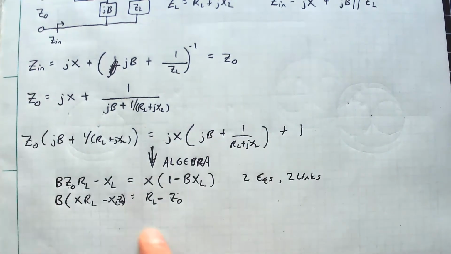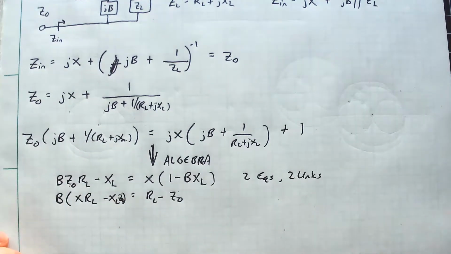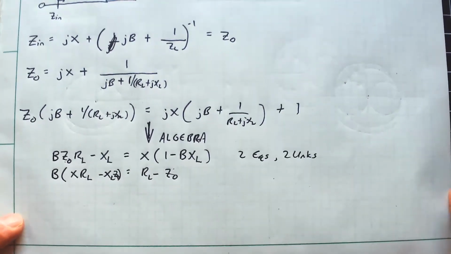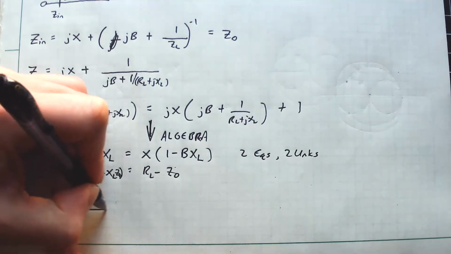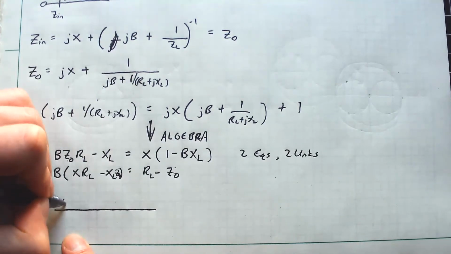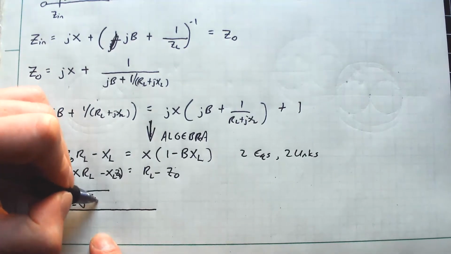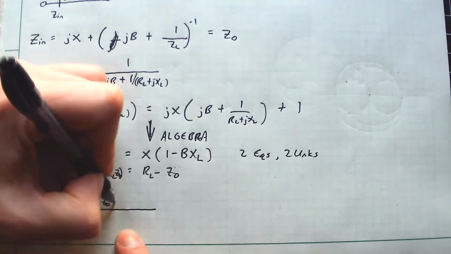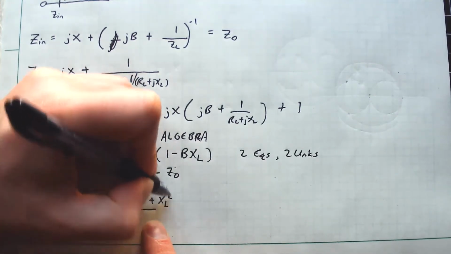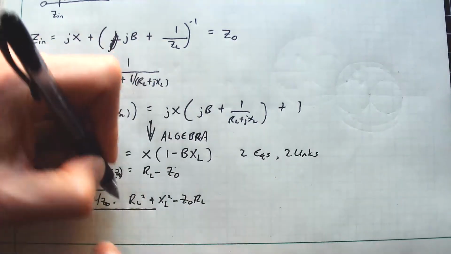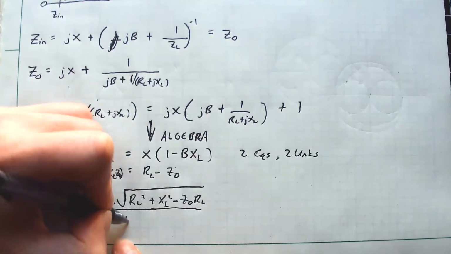You do yet more algebra. You solve for, say, B in terms of these other terms, and you mix and match, and something special will happen. You eventually find that B is equal to X sub L plus or minus, you get a quadratic equation basically, the square root of R sub L over Z naught times, and this is a little yucky, (R sub L squared plus X sub L squared minus Z naught R sub L), all divided by R sub L squared plus X sub L squared.